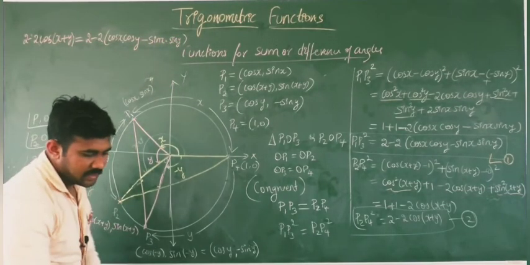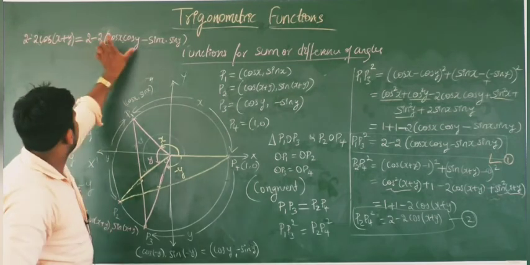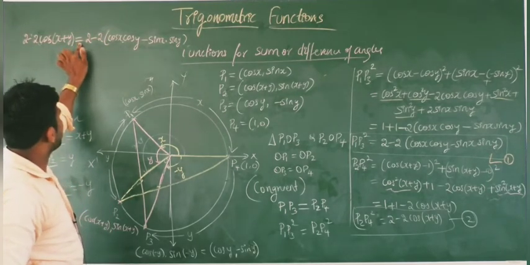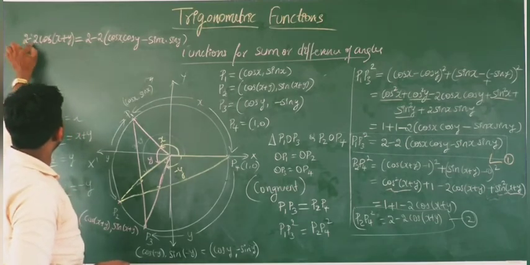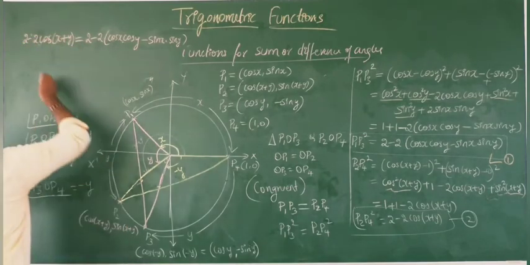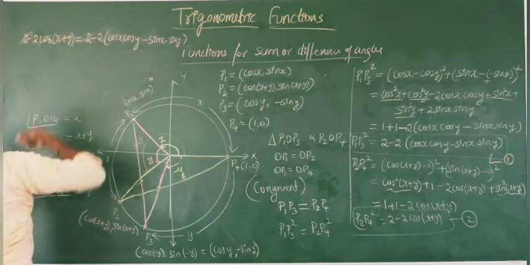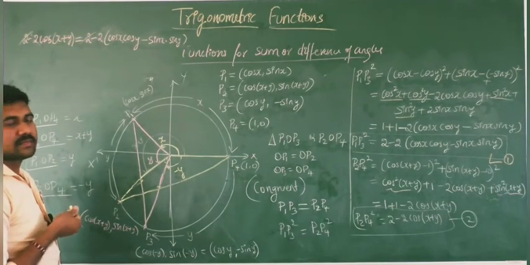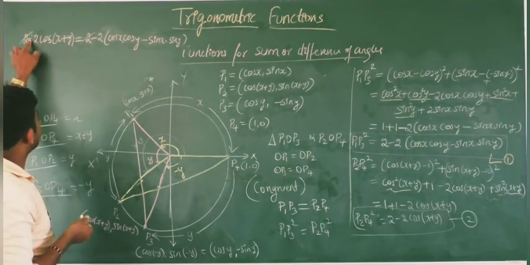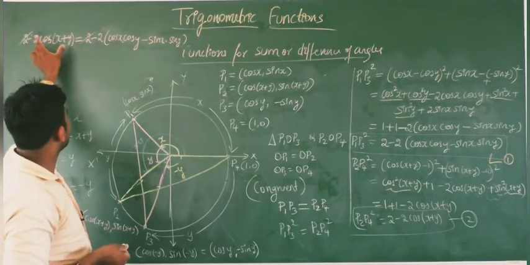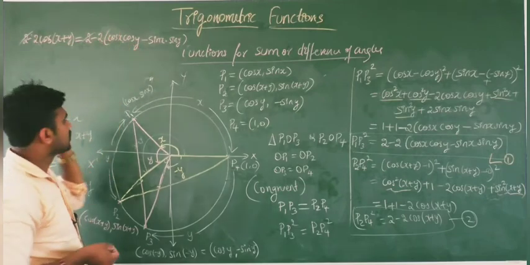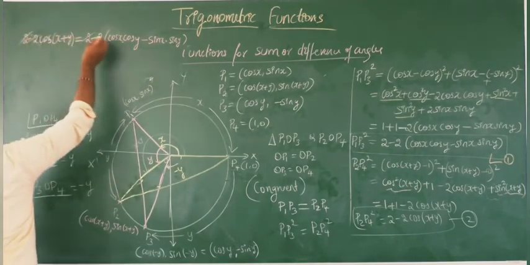Now, when we equate, we can cancel like terms, right? So here 2 is added, so you can cancel the extra term 2 on both sides. Similarly, you have minus sign of this term, minus sign of this term, minus 2 into this term, minus 2 into this term. So minus 2 again you can cancel.